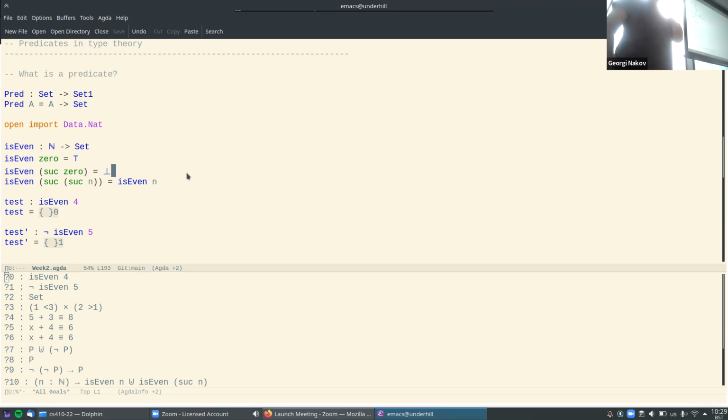So this is just a program. And notice in the last clause, we're convincing Agda to allow us to write is even equals is even, but it is quite apparent that the argument we are applying it to is smaller on the right-hand side. So Agda is perfectly happy with that definition.